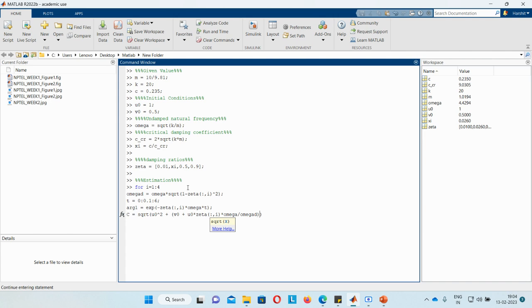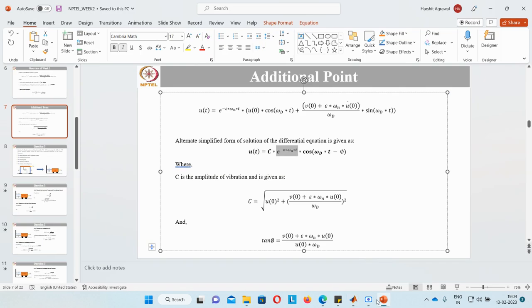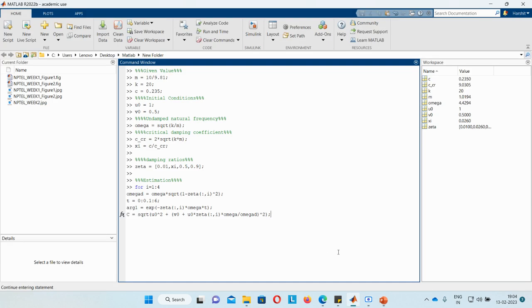So this all is in the second bracket, square of this. Just recheck: square root of u naught square plus whole of v naught plus u naught times epsilon into omega upon omega d square. I hope this relationship is correct. We will recheck from here. So u naught square, yeah, omega d square. Okay, so this relationship is correct. This is the value of c.